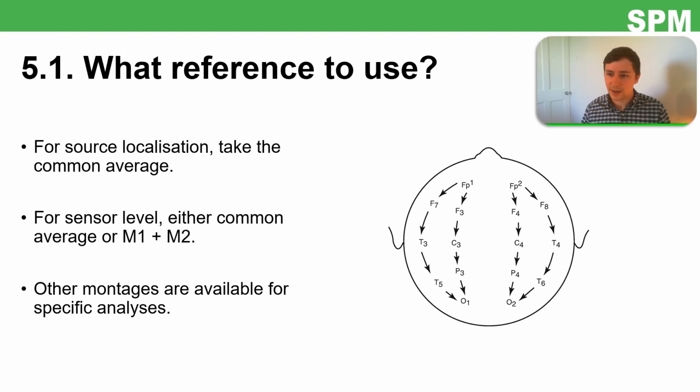This one's called the double banana, which you can see on the right. This would allow you to look at things like a phase reversal. They reference from, in this case, FP2 to F4, F4 to C4, C4 to P4. And you can imagine how if there was some signal in the middle here, the phase of that signal will switch as you move along. But like I say, not really used in a research setting, just kind of interesting.